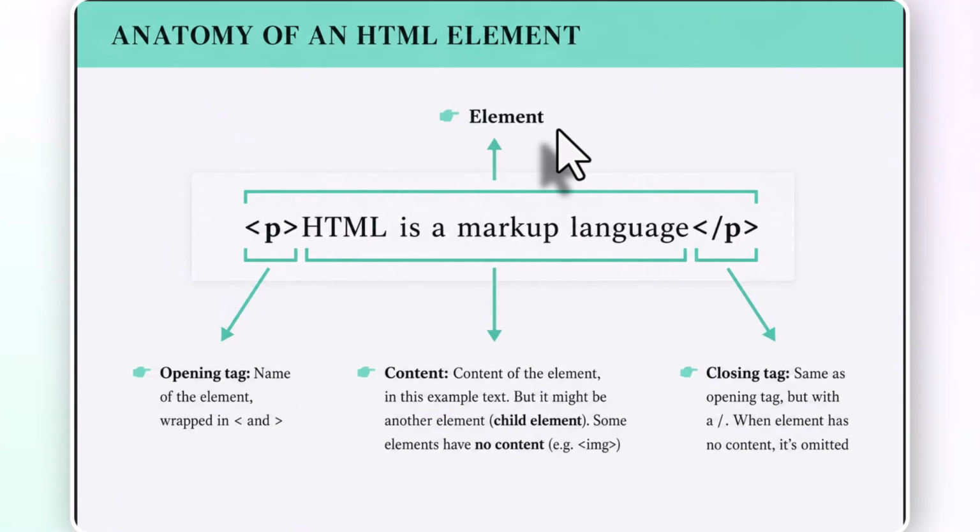So in that case, we only have the opening tag and that's it. And we will see that in action, of course, once we start integrating images into a web page. Okay, and that's really all you need in order to start learning HTML and practice, which is exactly what we will do in the next lecture.